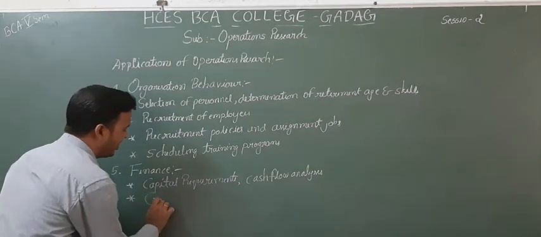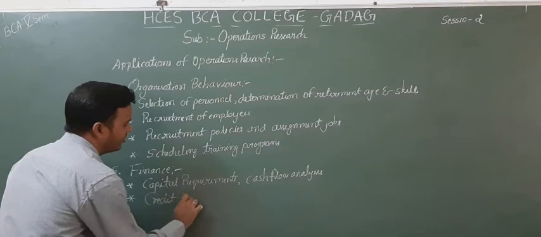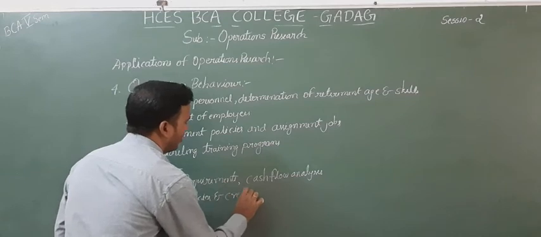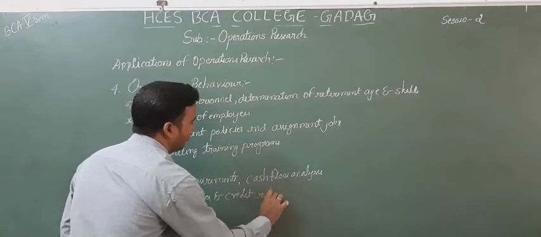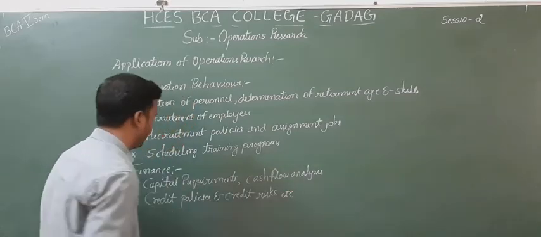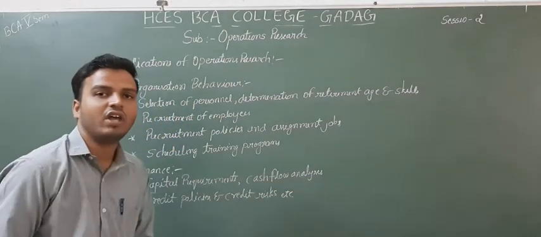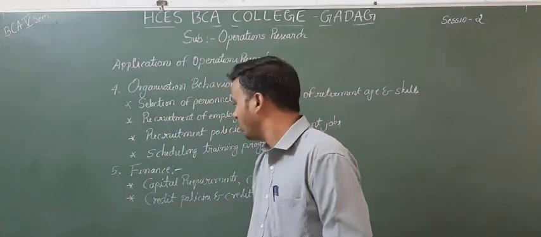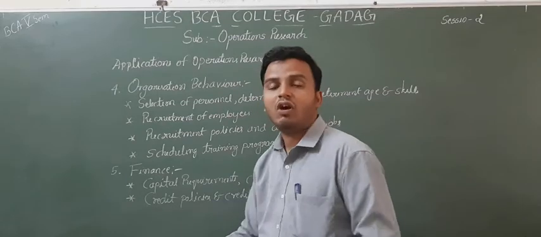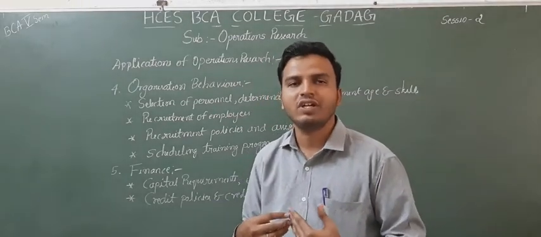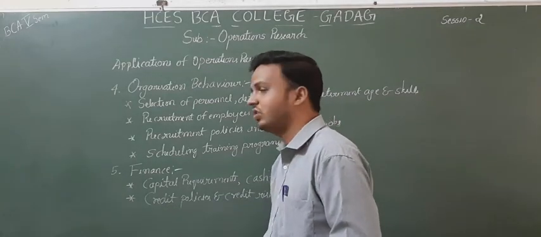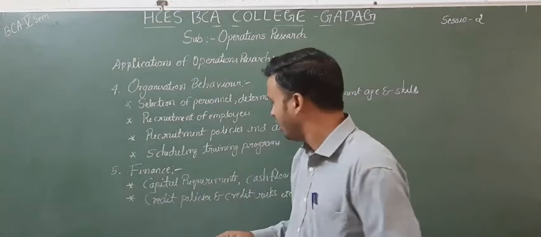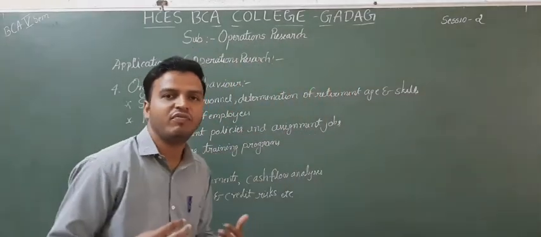The second one is credit policies and credit risks. If we are going to take long-term loans, and we also sell our goods to our customers on credit, then we have to know which credit policy is best, and whether that policy is a benefit to us or not.